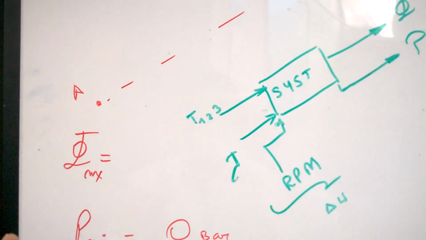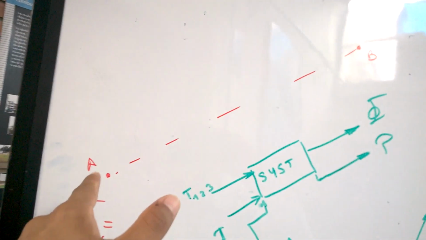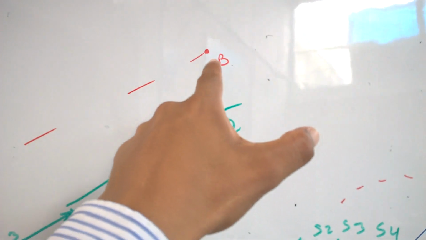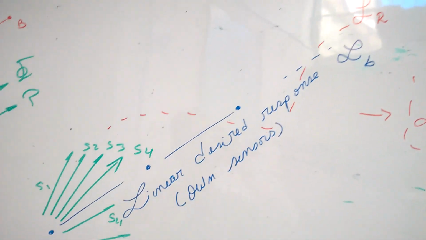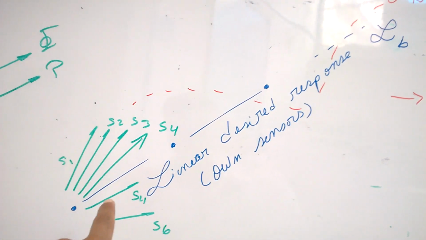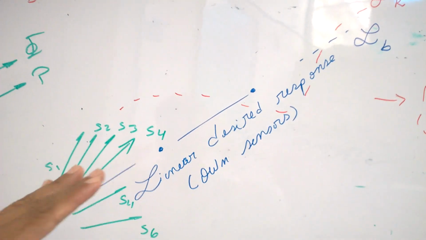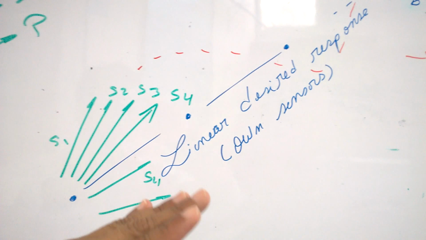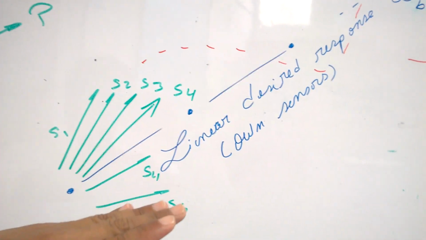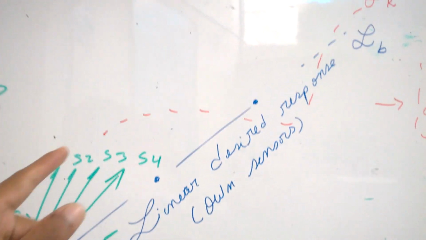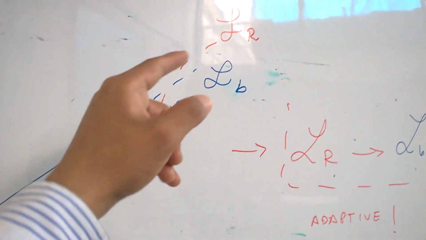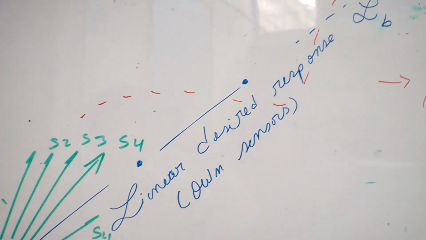Why is this a trouble? Because if we want to go from one measurement point to another and so on, as represented in this graph, the blue color is the linear desired response, but we have all the responses from the sensors. Everyone has its own direction, and why is it possible that we will be around the desired measurements?